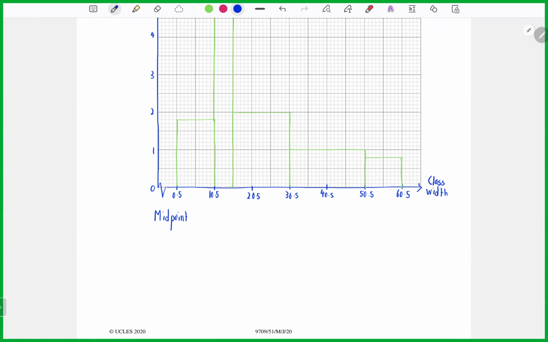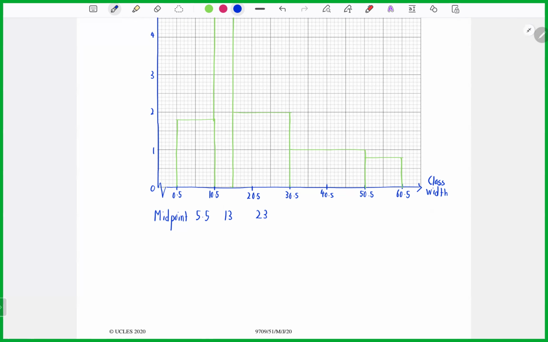So you can take 10.5 plus 0.5 divided by 2, 5.5. Then 15.5 minus 10.5, here's 13. 15.5 plus 13.5, 23. 23.